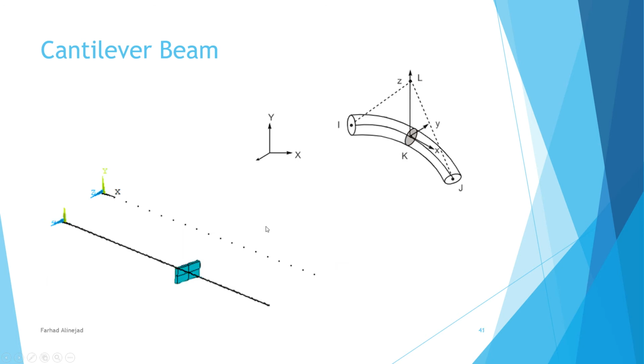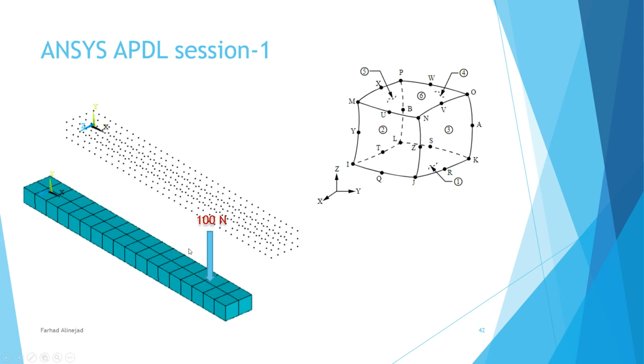Firstly, I will try to model this beam with just one line, and I will apply the beam element over this line and get the results, and then I will try to model this problem with solid elements.